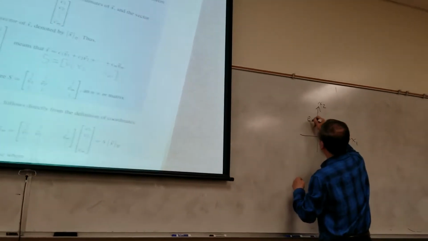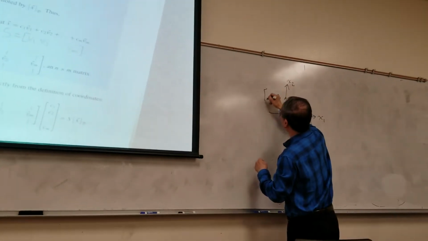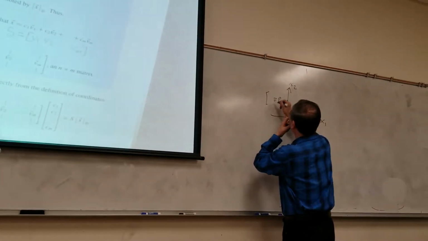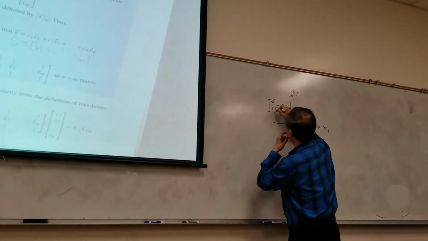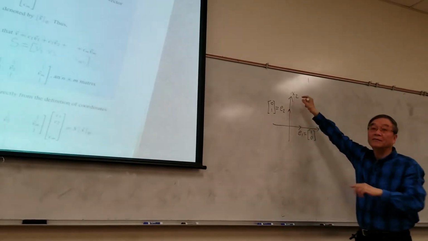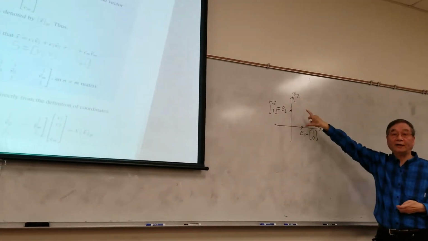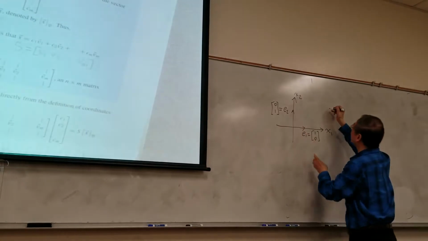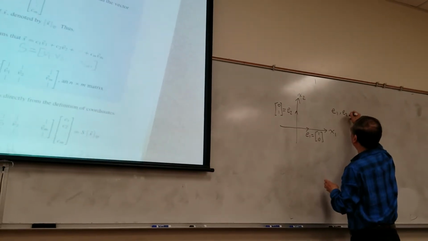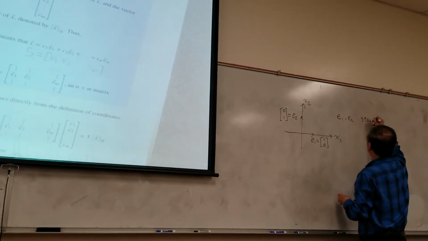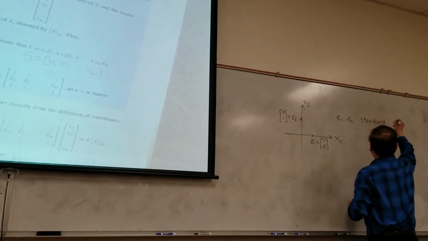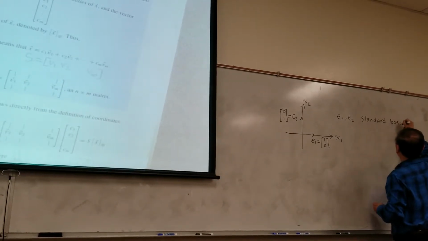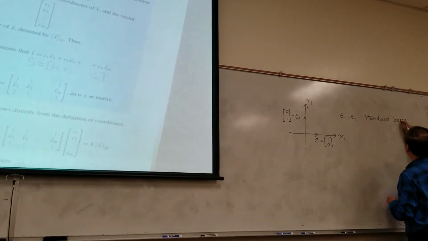And then E2 is (0, 1). That's the unit vector in the vertical direction. So that is the standard basis of R2.